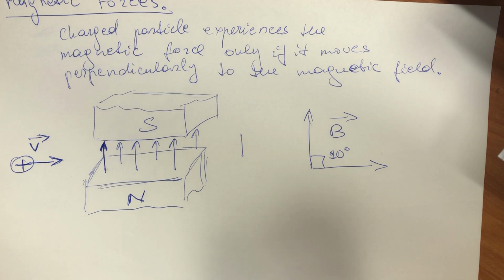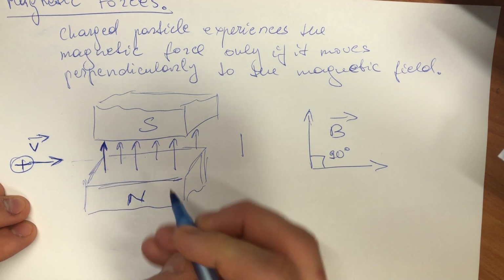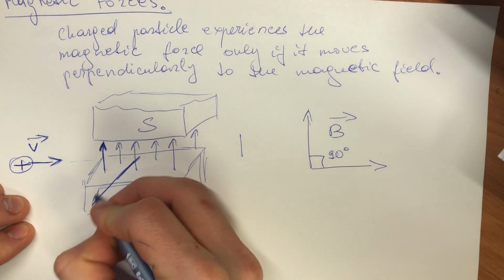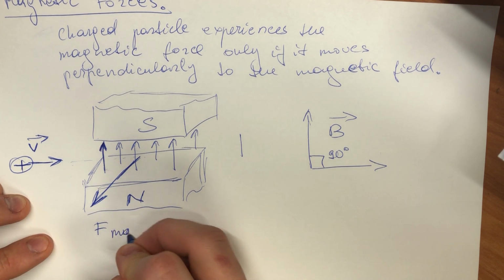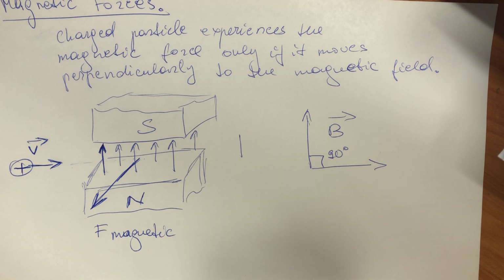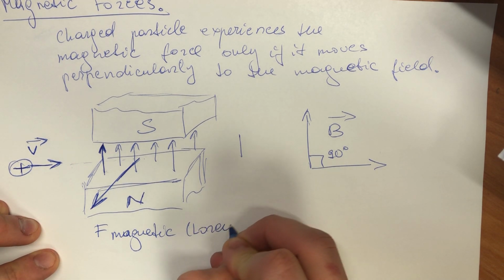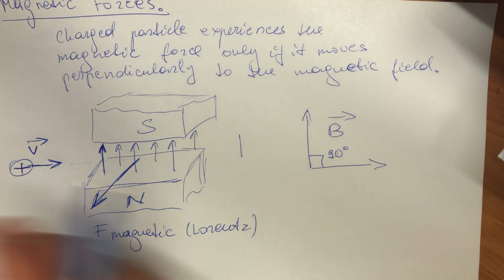And the force that it experiences, when it's flying here, is in this direction, out. This is F magnetic. This magnetic force on a charged particle is called Lorentz force.